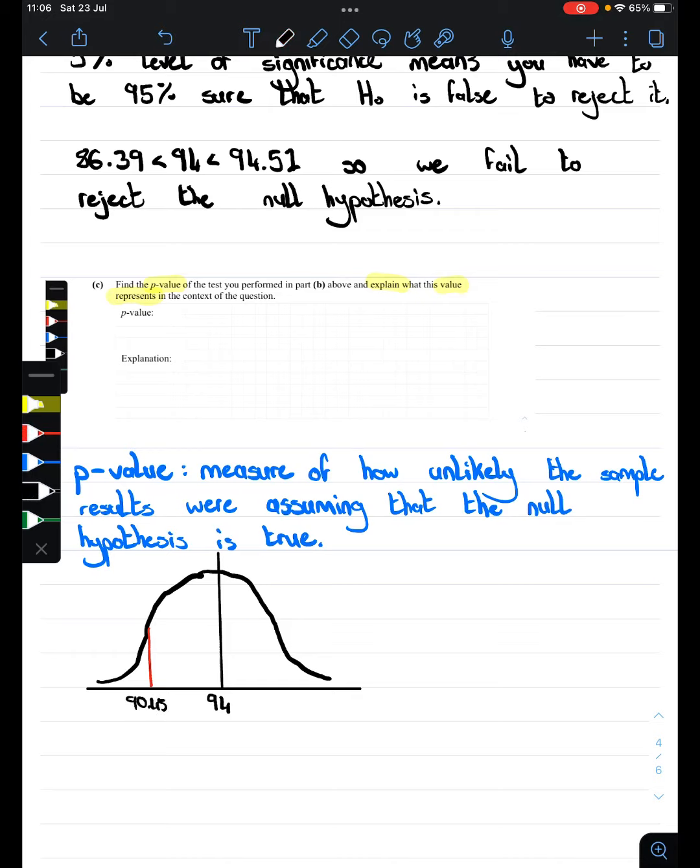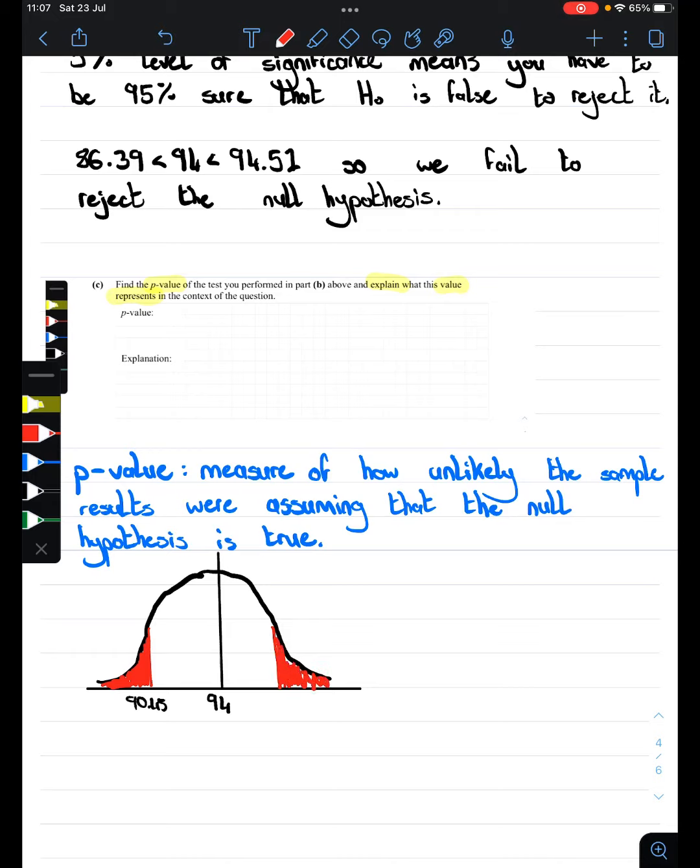90.45. So the p-value wouldn't just be the probability of 90.45, because since it's a continuous thing, the probability is basically 0. But it's actually the probability of 90.45 or weirder or less likely a result. So that includes all these, but it also includes all these.